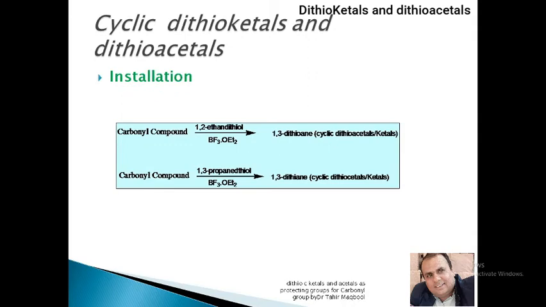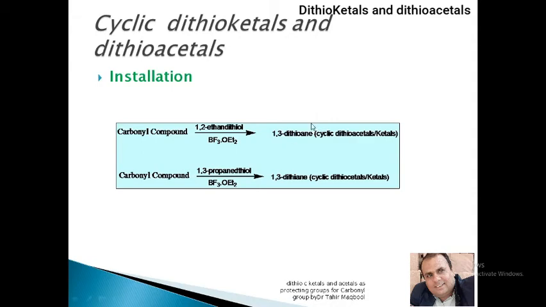The installation method is just like that for cyclic ketals and acetals. There we use a 1,2-diol or 1,3-diol. Here we use 1,2-ethanedithiol or 1,3-propanedithiol. The acid catalyst is BF3, boron trifluoride etherate.